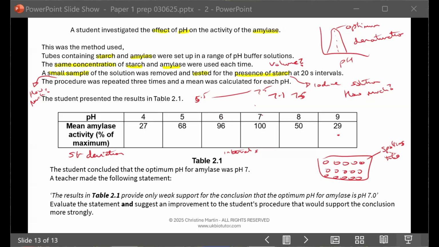Use a blue filter. Blue filter. Final answer, blue filter. And that's a hard one because actually, if we're looking at Benedict's, we're using the red filter.